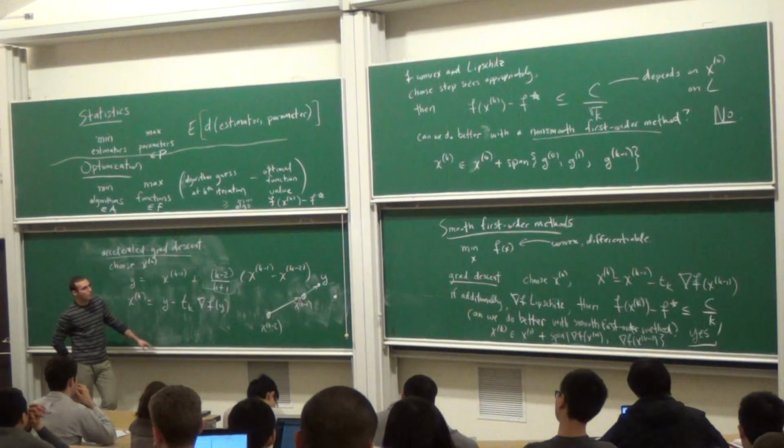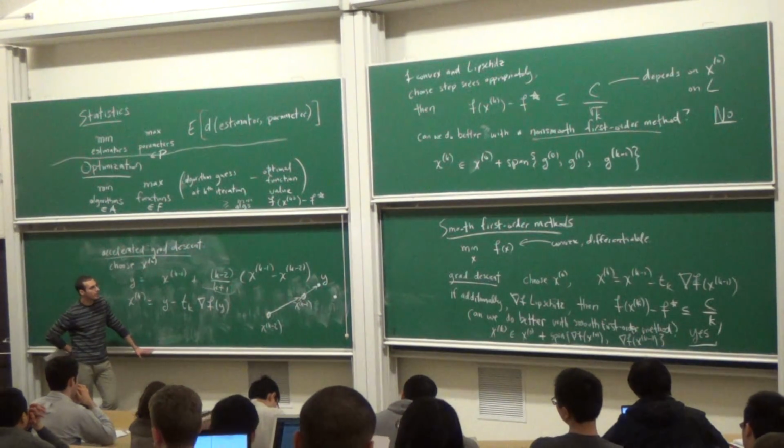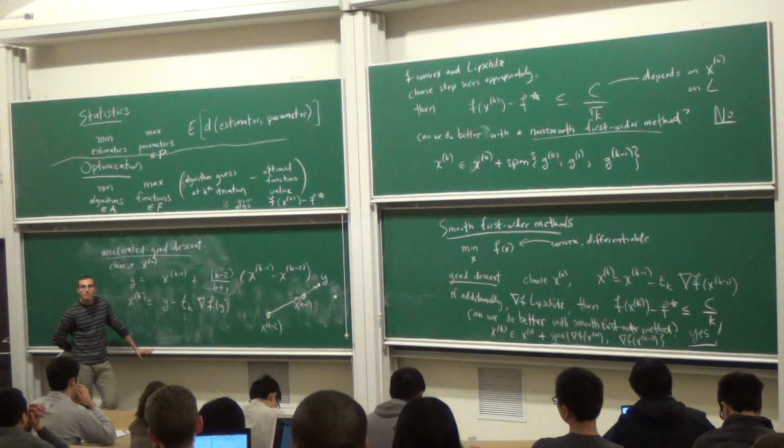I mean, this is a first order method, but I don't think it's the same as just taking a larger step size. Do you evaluate the function at xk minus 1 rather than 1?